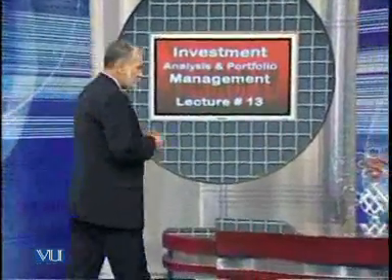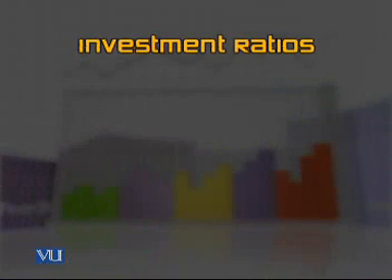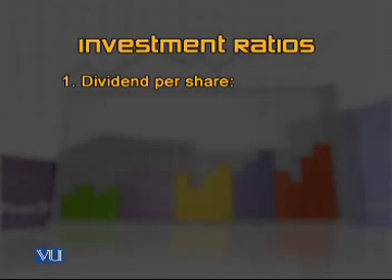Now, these were profitability ratios, but we didn't talk about investment ratios. Since this is all about investment analysis, we needed to talk about investment ratios. In this, we can talk about the dividend per share, a little bit different than earnings per share.